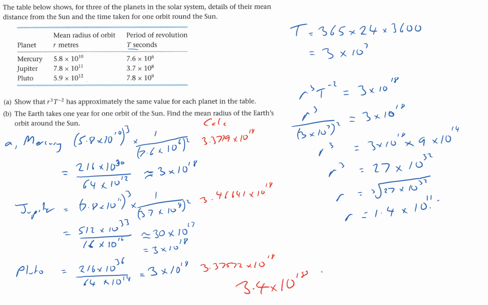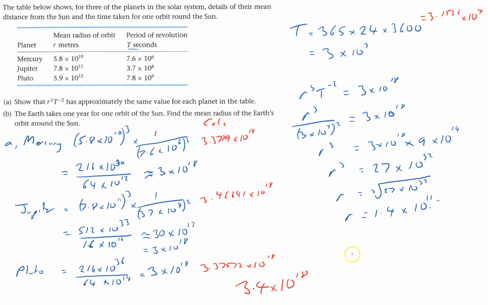And if you do the same thing, this bit here also works out to be 3.1536 times 10 to the 7.